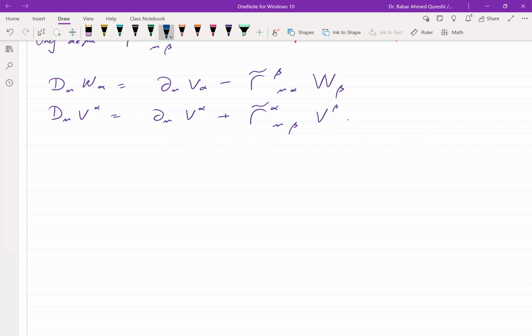So this gives you that if you have this covariant derivative dotted with t, this just means d mu along some path.